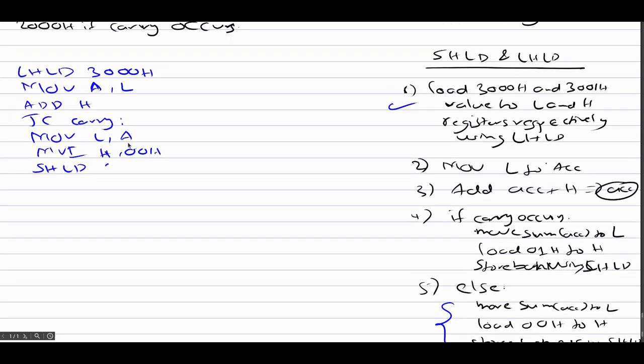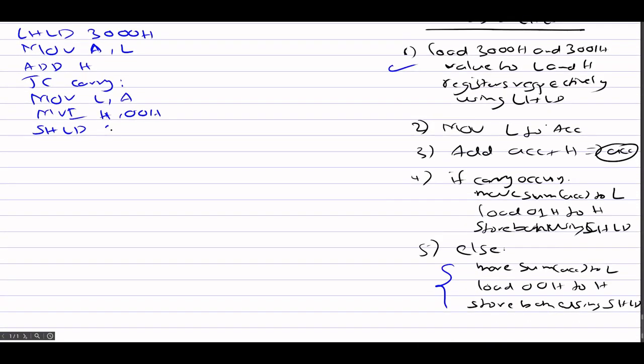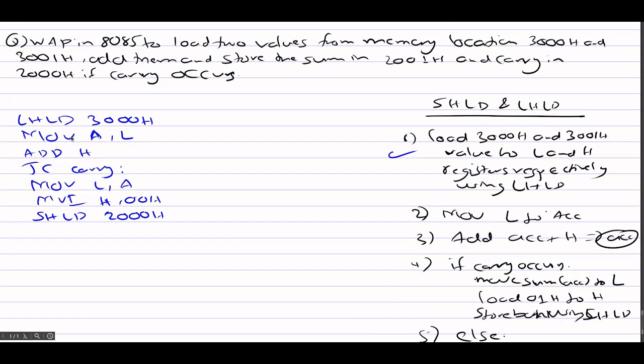Where should the result be stored? So it should be stored in 2000, 2001H, right? So 2000H, meaning what this does is the value of L will go to 2000H, and then the value of H will go to 2001. So I think we've just, okay, I'll just edit the question here because this might not be correct.